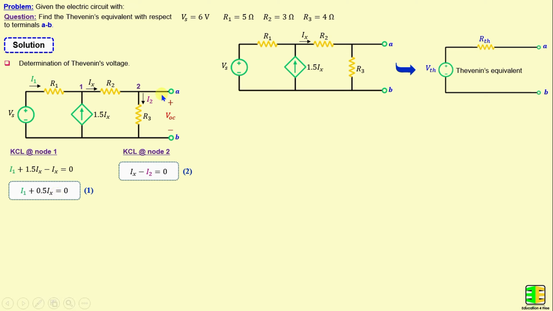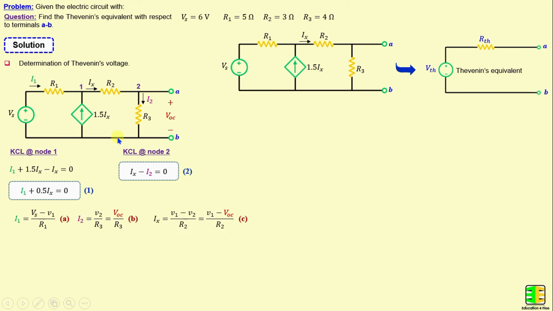The current flow in this direction is 0 because we have an open circuit. And according to Ohm's law, I1 is equal to Vs minus V1 over R1. And I2 is equal to V2 over R3 is equal to VOC over R3.